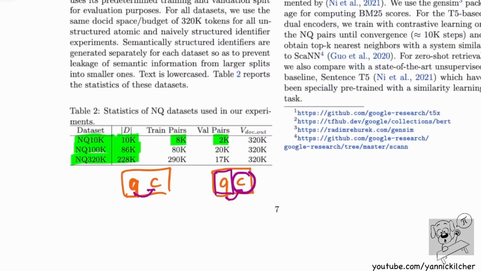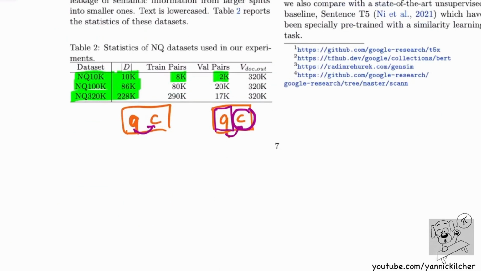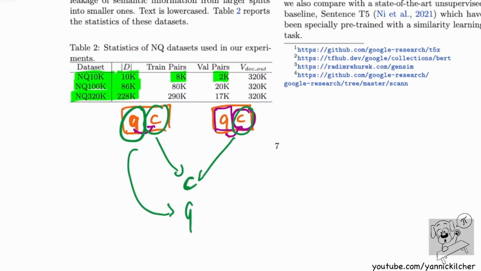So what I think they do is they take these together. These are all the contexts, all the documents, and they take the queries from the training set, and that makes the quote unquote training set. This here would be indexing, and this here would be fine tuning. And then they evaluate, this here would be eval. But this is a hypothesis of mine.